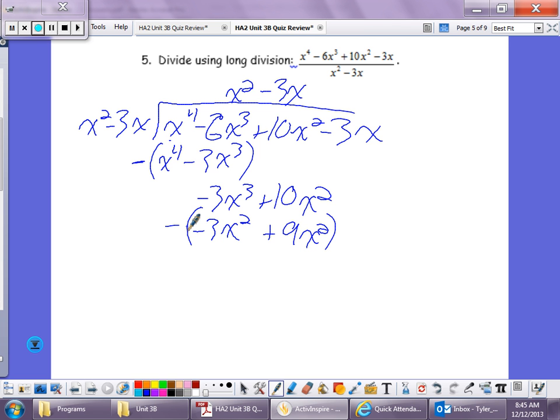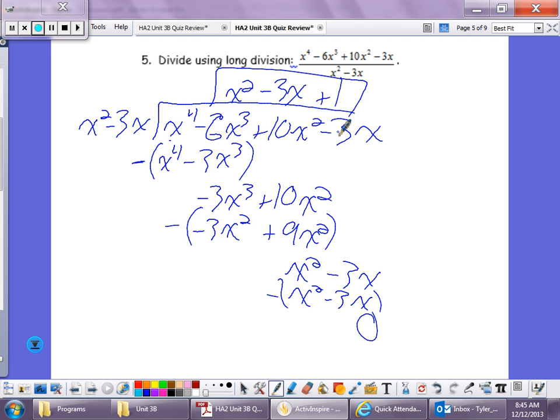And I subtract this. Minus minus is a plus, so that cancels. 10 minus 9 is just x squared. Bring down the 3x. How do I go from x squared to x squared? So plus 1. So you get x squared minus 3x. Subtract that and you get 0. So this would be your final answer right here with no remainder.